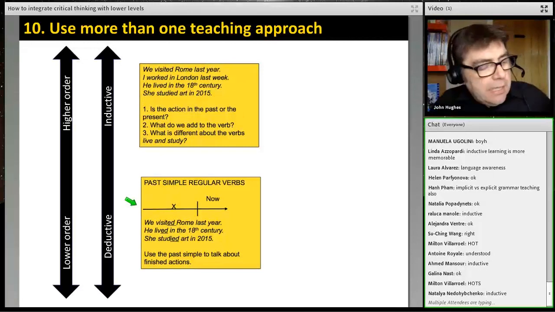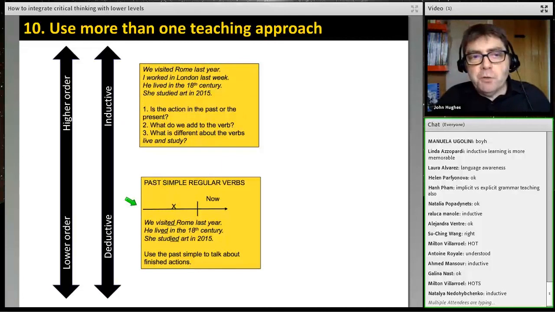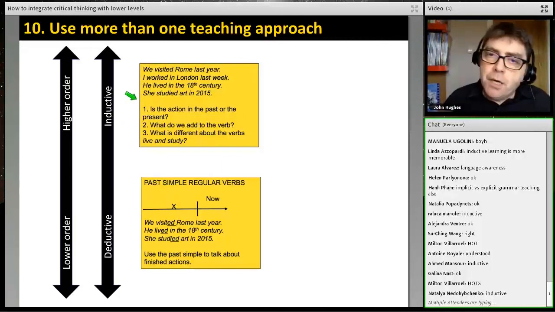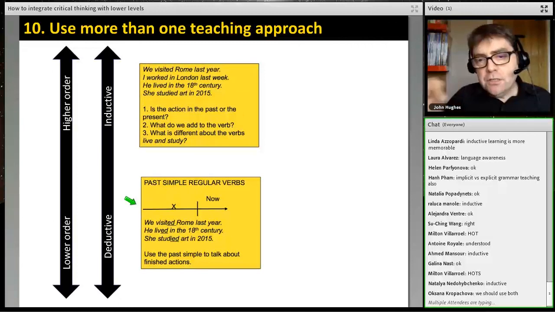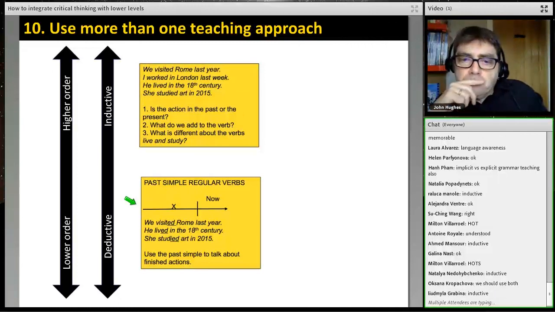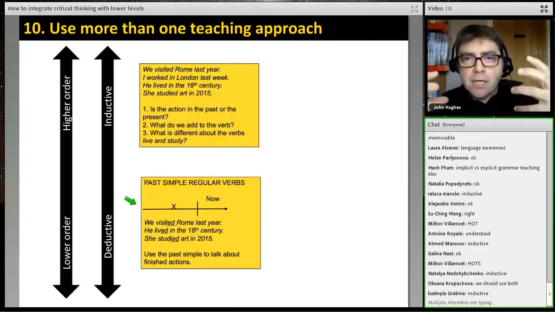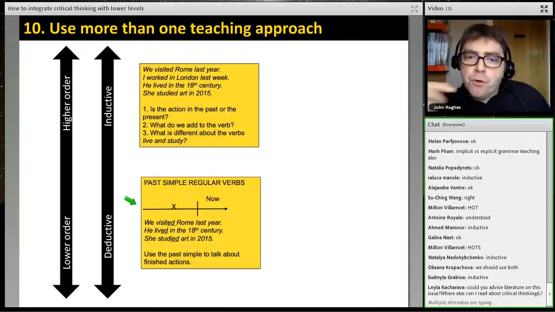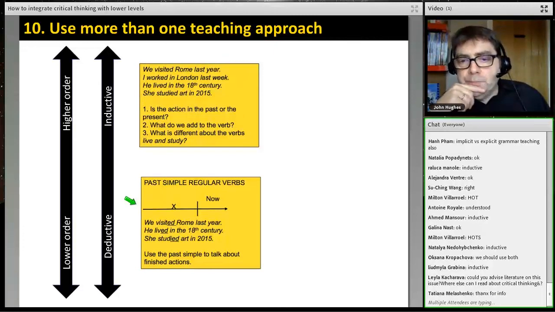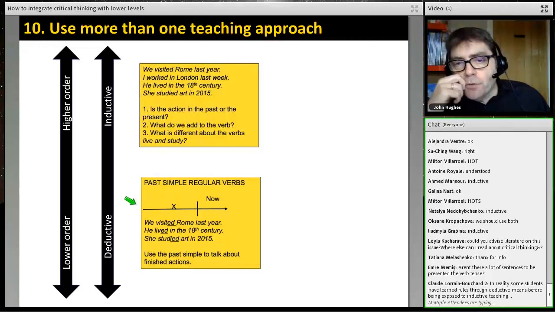And what we do in Life second edition, quite often we put the inductive grammar in the front of the book and students read it, and then they can look at the back of the book and check using the deductive grammar. And in that way, we're using lower order and higher order thinking, and we're combining basic understanding with critical thinking in the way we approach the grammar.